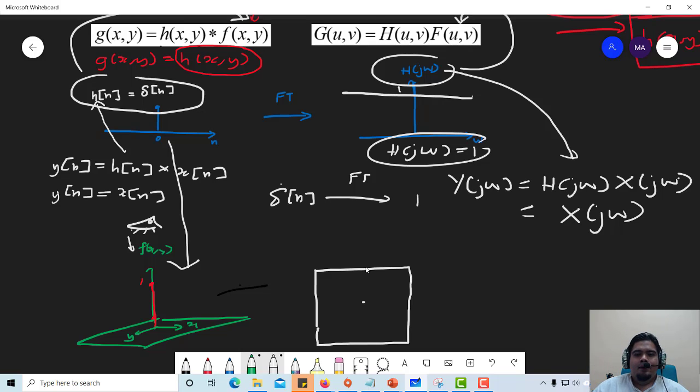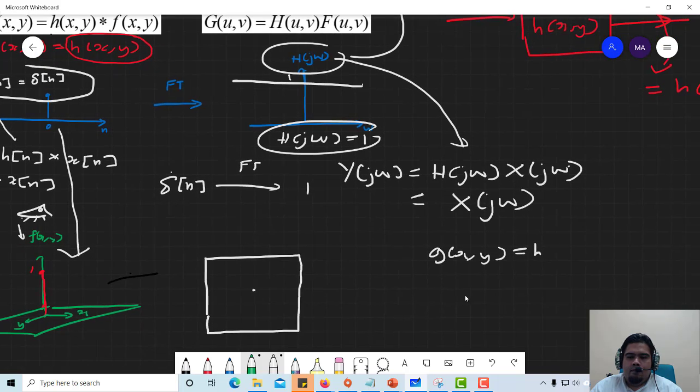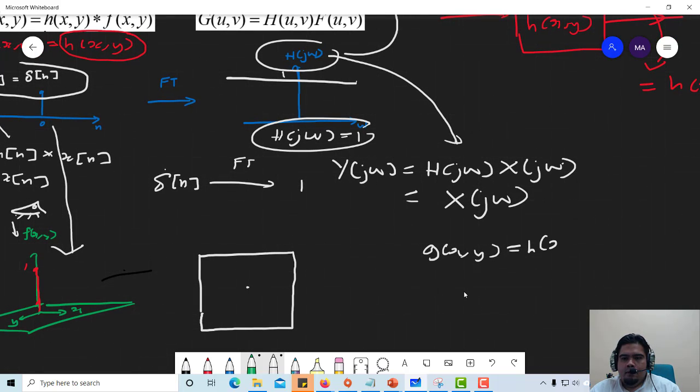Meaning that in order for you to get your image g(x,y) equal to your h(x,y), then your f(x,y) must look like this.